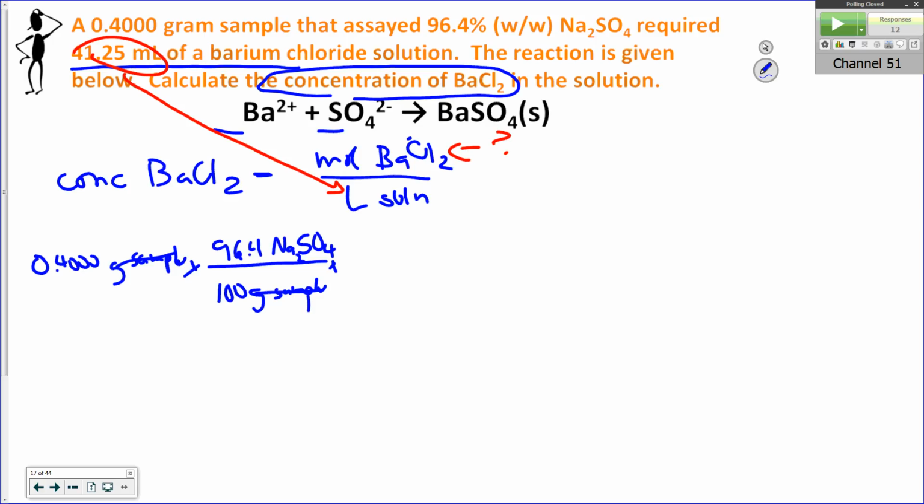Now I need to convert that. I've got my handy dandy table. Sodium sulfate weighs 142.04 grams of sodium sulfate for 1 mole of sodium sulfate.